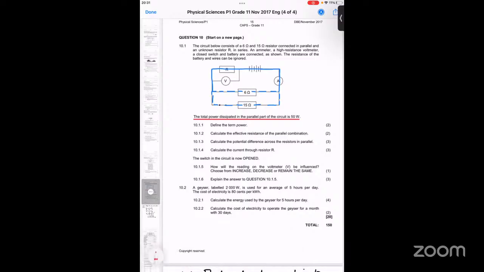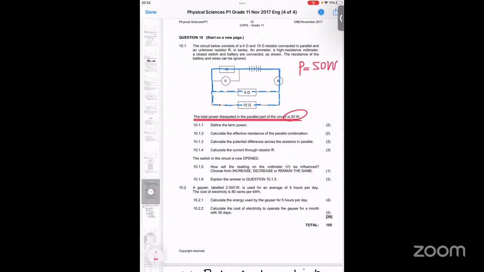You need to ask yourself, what information do I have about parallel? We have a statement which says the total power dissipated in the parallel part of the circuit is 50 watts. So we have the power, which equals 50 watts.